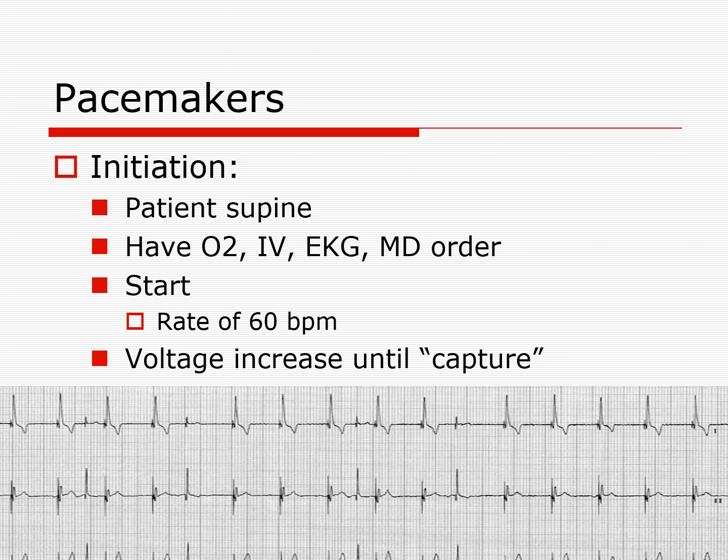So what they're trying to do is match those pacer spikes to the QRS complexes, okay? So that's when they're captured, okay? And when they're truly captured, you should be able to feel a patient's pulse. So basically the pacer is helping it fire and being synchronous with the QRS complex to give you a pulse, okay? So you increase that voltage till you can feel a pulse, okay?